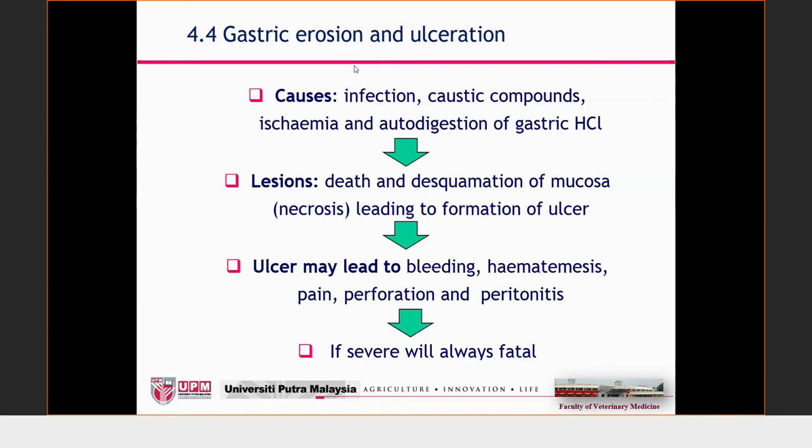As a result, there will be death and desquamation of the mucosa with necrosis, first leading to erosion, but if deep enough, to ulcer. Remember that an ulcer involves the basement membrane and mucosa, coming into close contact with blood vessels. So this leads to bleeding.